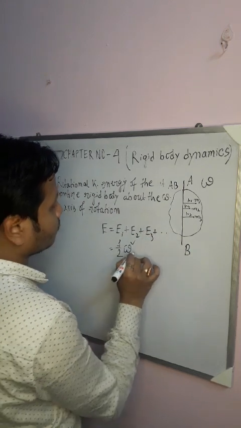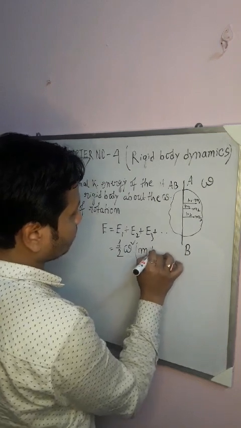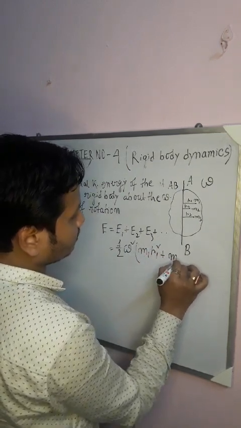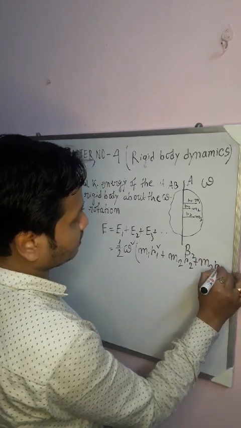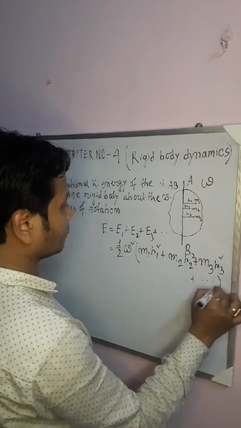We can take half omega squared common, so it will be half omega squared times m1 r1 squared plus m2 r2 squared plus m3 r3 squared.